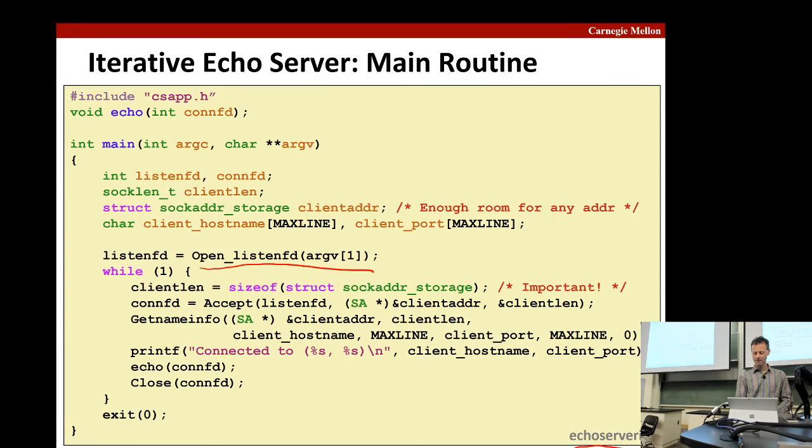Then, in the interest of time, I'm going to skip this a little bit. You can look more closely at this and also in the book. But the basic idea is that we want to be able to accept incoming connections. Okay, so a connection comes in, it's from some client address, and we go ahead and establish a file descriptor for that point.